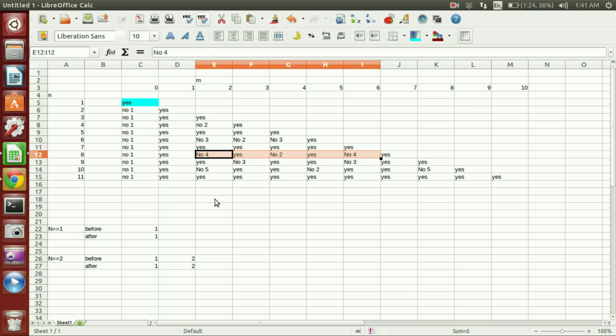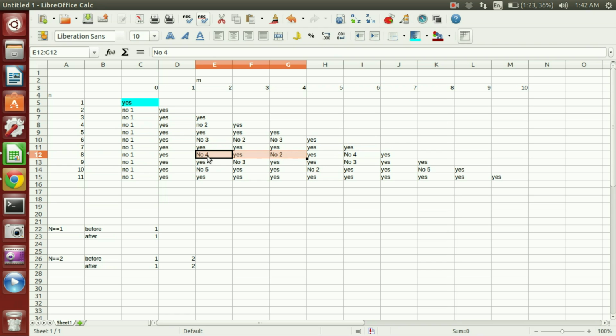Now if we look carefully, for m equal to 2 the answer is no, and the total number of robots getting the package is 8 by 2, that is 4. For m equal to 3, the answer is yes, and for m equal to 4, the answer is no and the number of packets is 2.